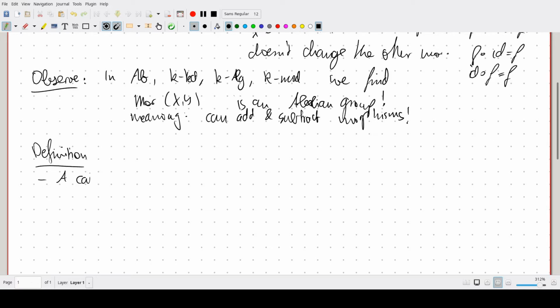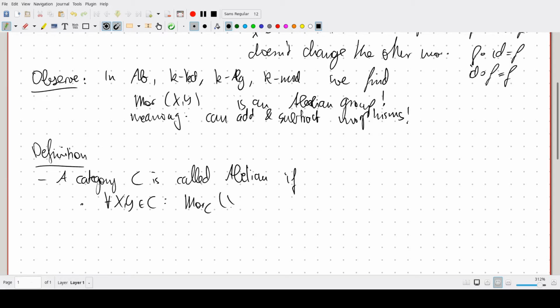So a category C is called abelian if for every two objects x and y, the set of morphisms in C from x to y is an abelian group, usually written with addition and 0.